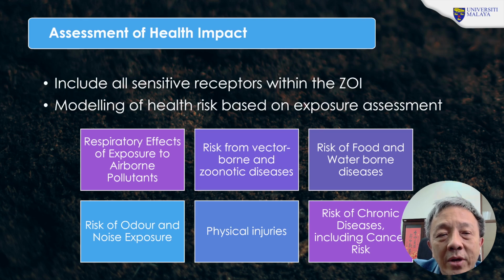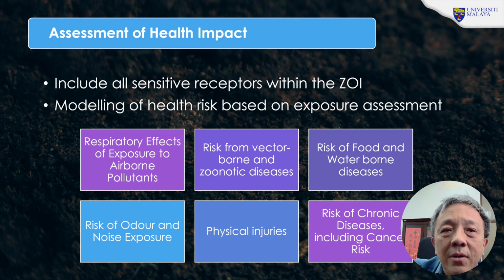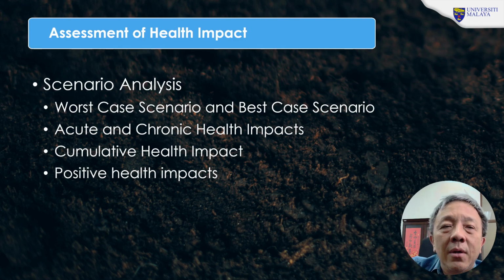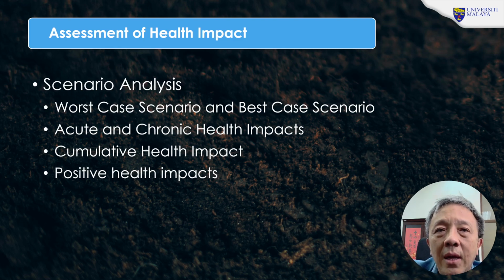By modeling the risk, we predict potential outcomes such as respiratory diseases, vector-borne illnesses, and even possible mental health impact, enabling targeted intervention. Finally, we look at scenario analysis, where we explore various scenarios, including worst and best case scenarios, and assess the cumulative impact of multiple exposures over time.